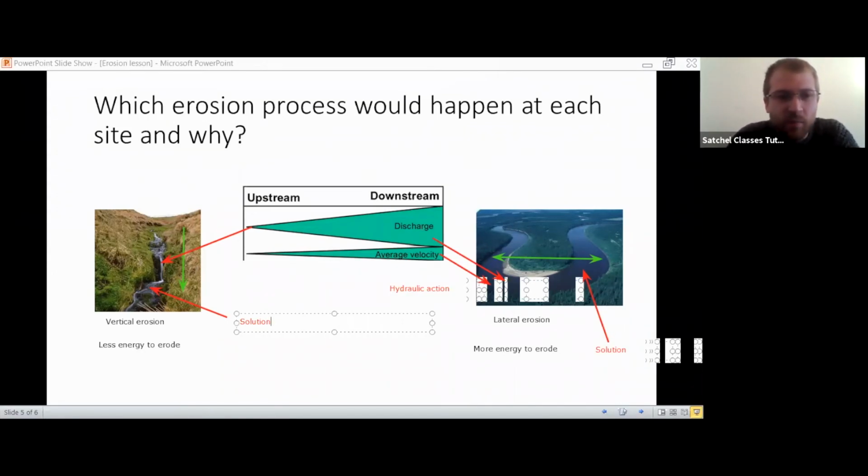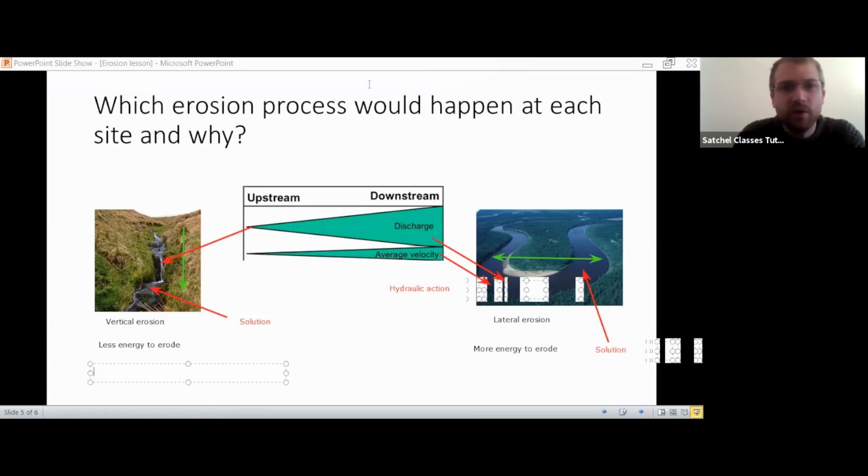At the moment the river doesn't have enough energy to make significant erosion. There might be a little bit of hydraulic action where the water is falling, but what will play the largest role in eroding this channel will be a storm event.